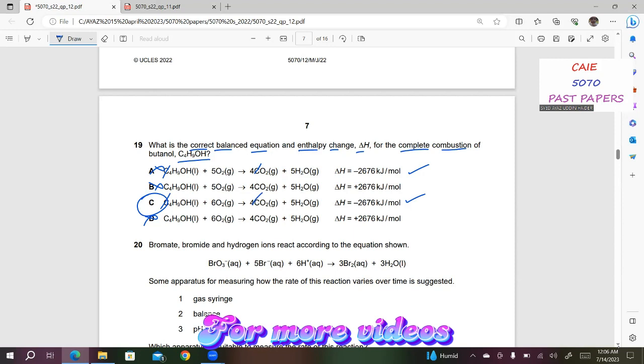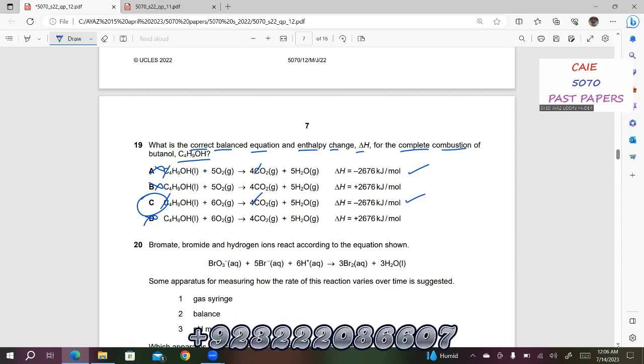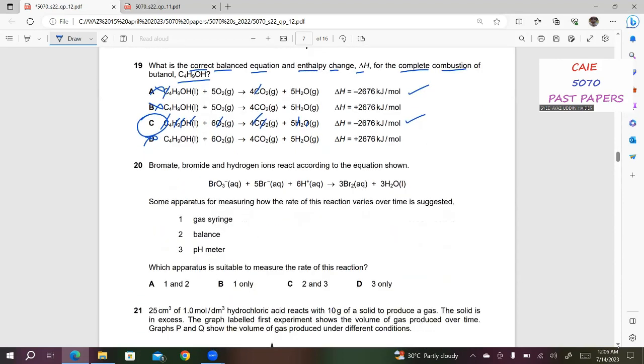What about oxygen? 6 2s are 12. 12 plus 1 is 13. 13 atoms of oxygen on the reactant side. What about the product side? 4 2s are 8, 8 plus 5 is 13. So oxygen is also balanced on both sides of the equation. What about hydrogen? 9 plus 1 is 10. 5 2s are 10. So hydrogen is also balanced. So this is the right answer.